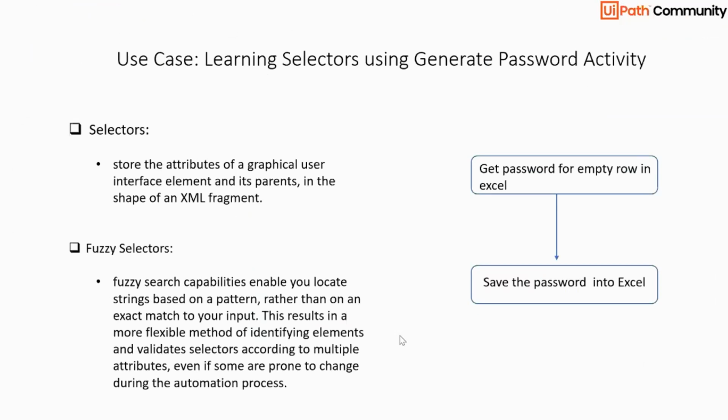So selectors are used to store the attributes of each element or the target. And fuzzy selectors have an additional capability to find a certain element based on pattern, based on the string. So in case you are trying to add more reliability to the element selectors, you can choose fuzzy selector as well. Okay. So you can add multiple attributes in the fuzzy selector section.